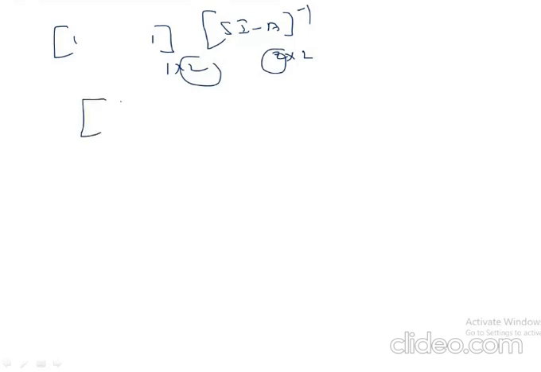The first element will be s by (S minus 1) whole square minus 1, and the second element is s by (S minus 1) whole square minus 1. Now multiply with the B matrix.